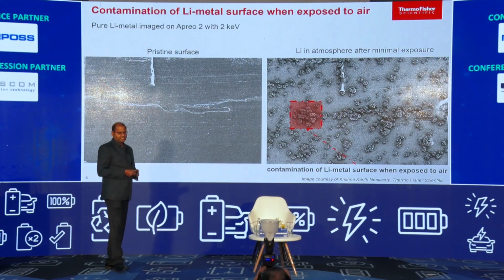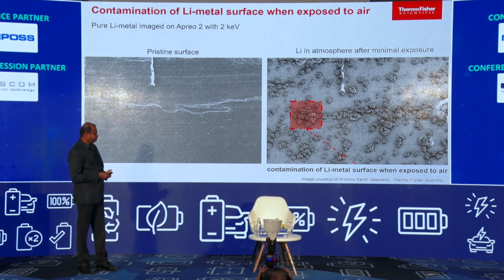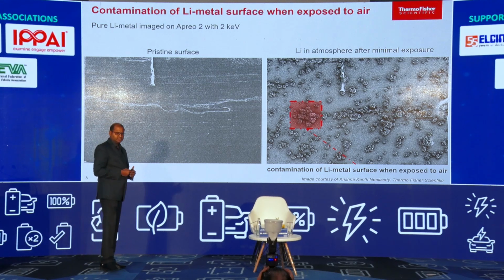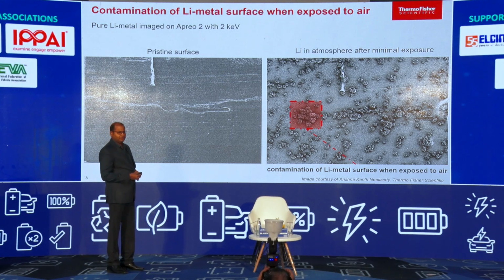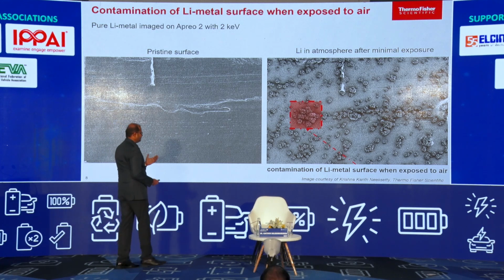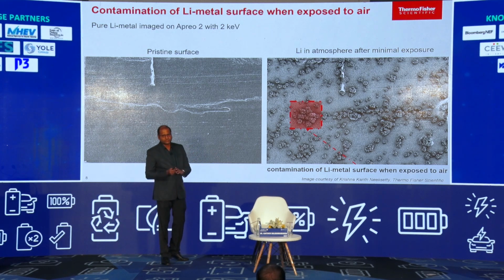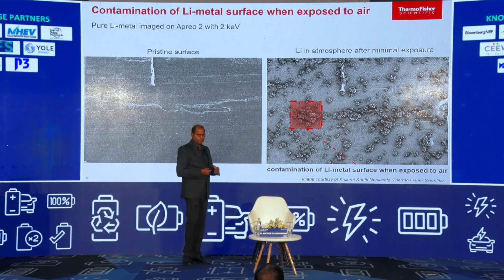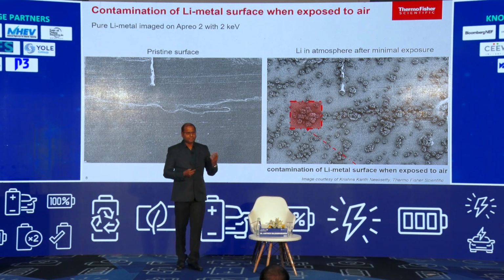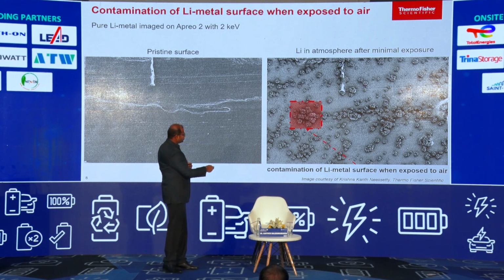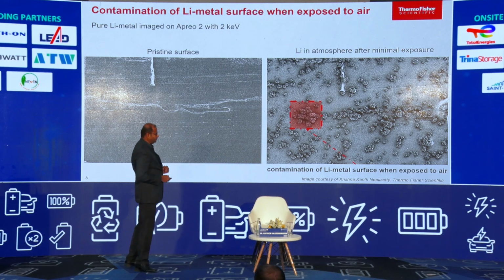If you look under a scanning electron microscope, with a field width of about 10 micron, you will observe that the pure lithium in its pristine form does not have any oxidation present on its surface. But the moment you expose it to the air, the lithium gets oxidized and these are the oxidized layers that limit the performance of the material.